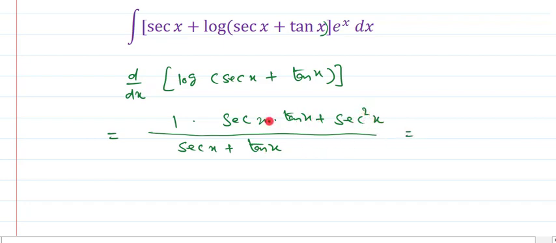So clearly when you take secant x common out of this, you will be left with tan x plus secant x, which is the same as in the denominator, will cancel out and you will be left with secant x. So clearly this function has its derivative present in the question. So this is our f x and this is our f dash x.